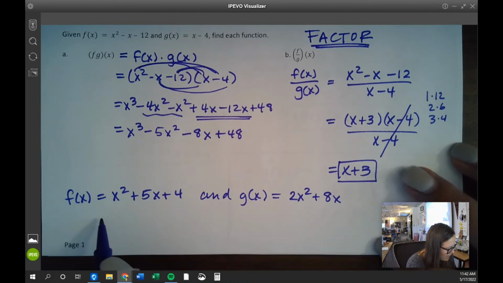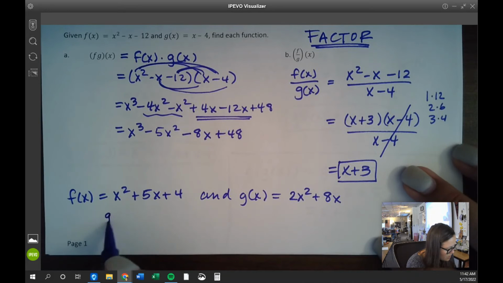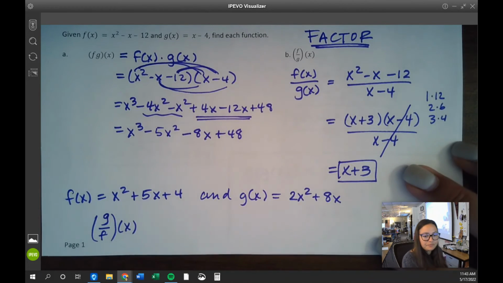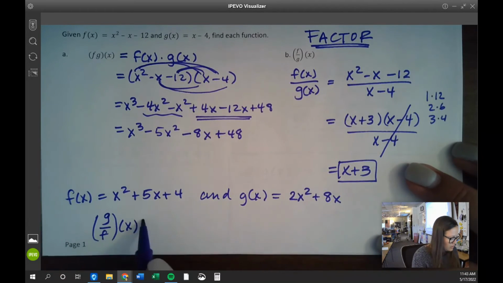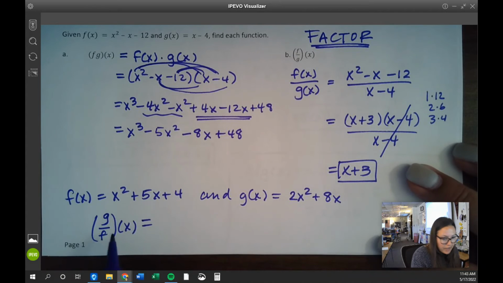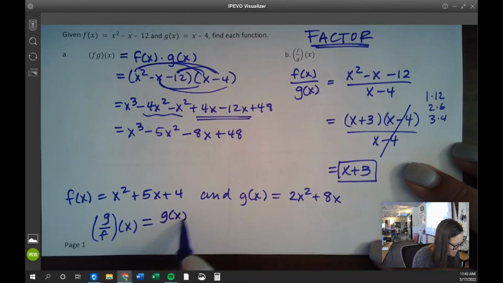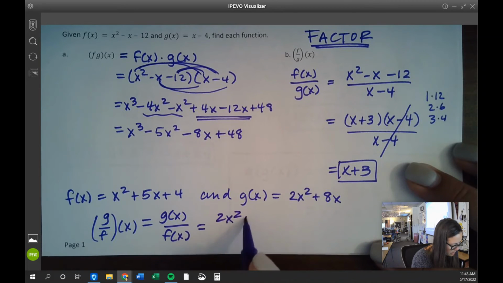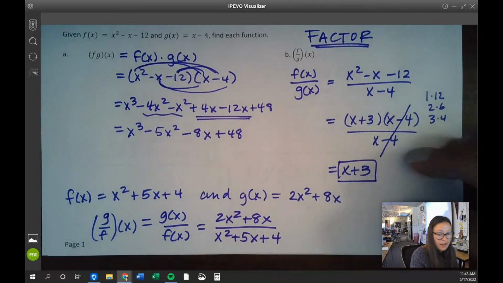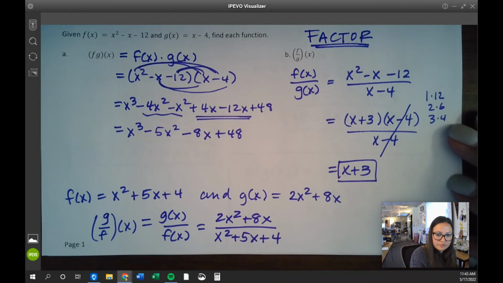I'm going to do g divided by f of x, which means g of x divided by f of x. So I'm going to put 2x squared plus 8x on top, and x squared plus 5x plus 4 on the bottom.